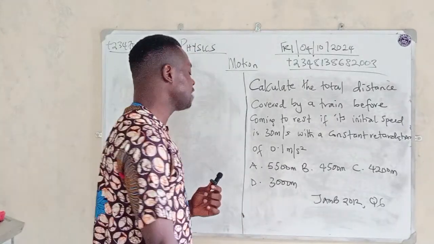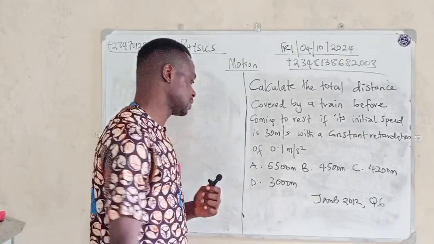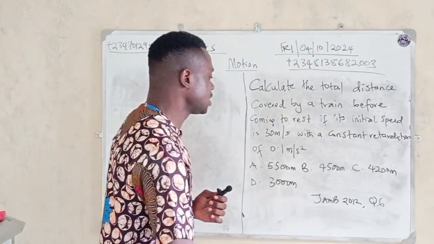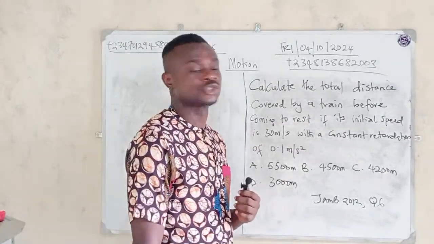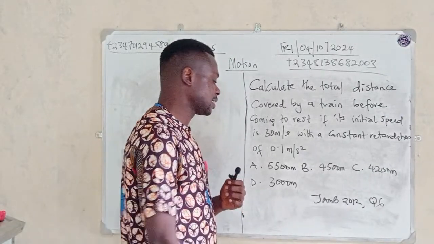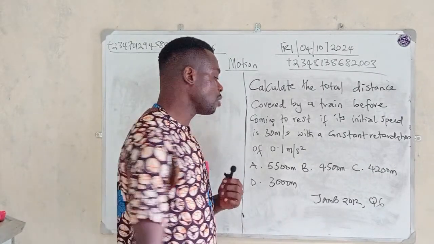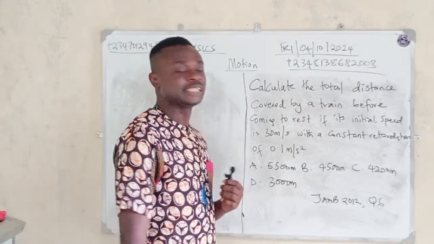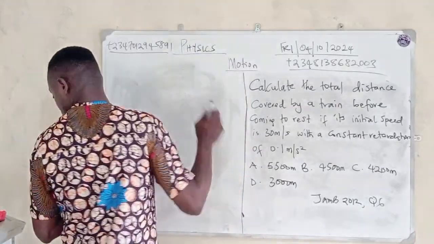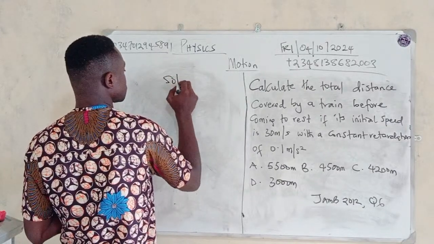Option A is 5,500 meters. Option B is 4,500 meters. Option C 4,200 meters. Option D 3,000 meters. JAMB 2012 question 6. So let's solve the question. Solution.